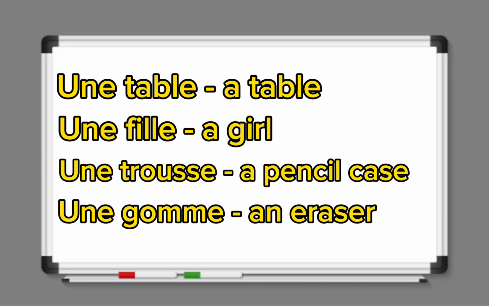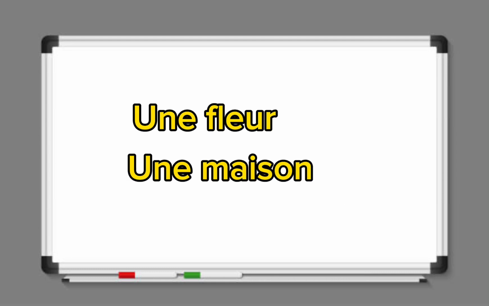Let's see some examples. Une table, une fille, une trousse, une gomme. You can see all these four nouns end with letter E and also they are under feminine singular category. But there are some exceptions as well. So let's see them as well. Now you can see some examples on the screen. These are feminine singular nouns. You can identify they are feminine singular nouns with this article.